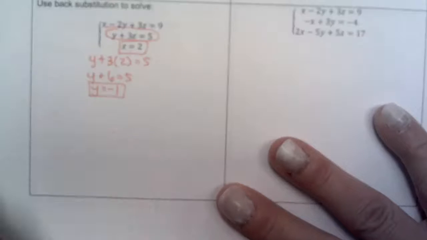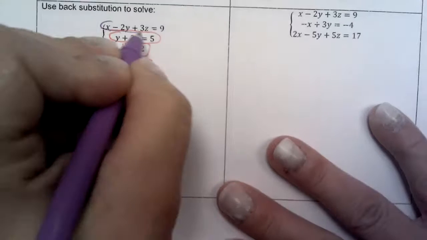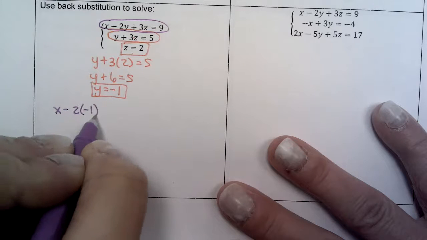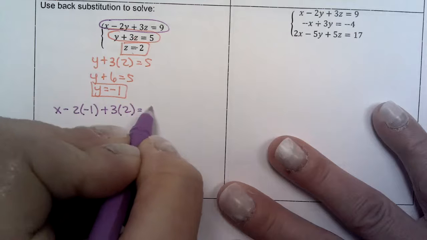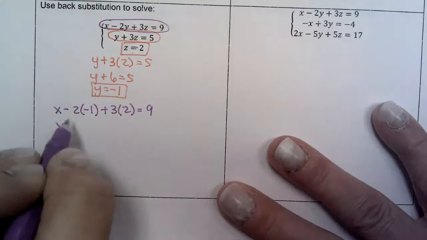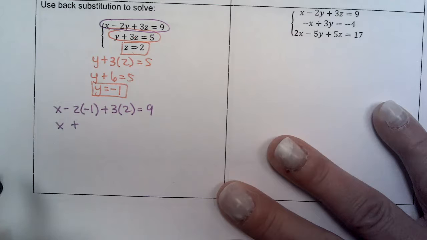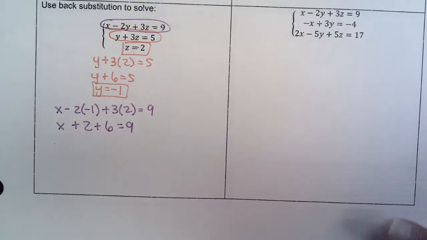Okay, well, now I know my y and my z. So now I can plug both of those into this equation and solve for x. So now x minus 2 times negative 1 plus 3 times 2, since I know z is 2, equals 9. X plus 4 plus 6 equals 9.